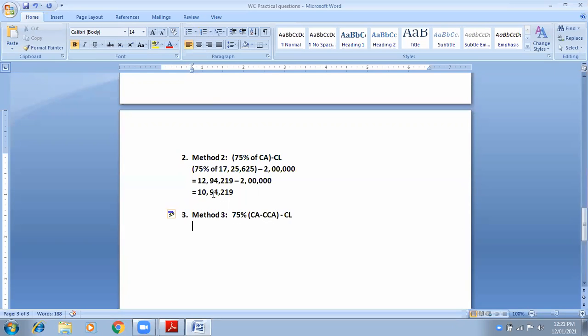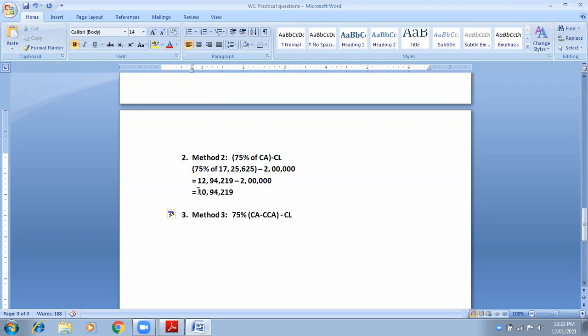So the answer will be the same, 10 lakhs 94,219. How? Suppose core current assets are not there. So current assets are 17 lakhs 25,625 and core current assets are not there. So 75 percentage of 17 lakhs 25,625 and then minus 2 lakhs. Minus 2 lakhs will be the last step here also.